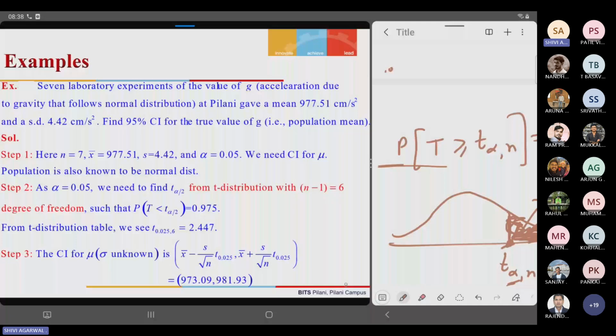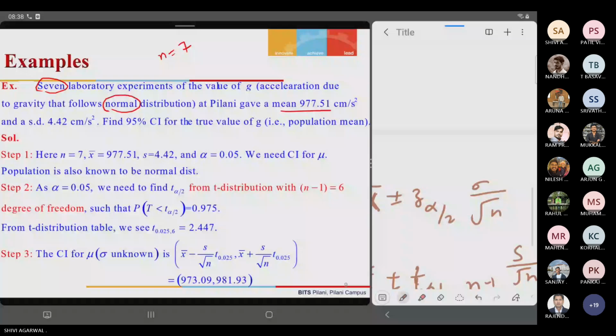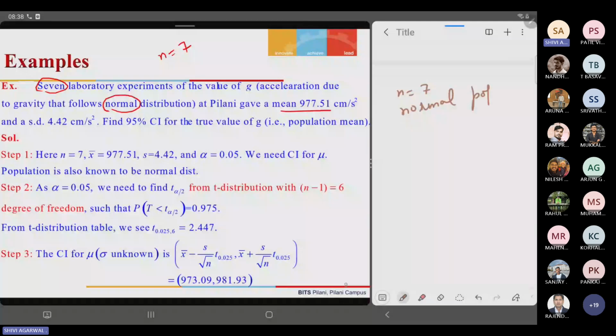There are 7 laboratory experiments measuring the value of g, so n is equal to 7. The acceleration due to gravity follows the normal distribution, so the population distribution is normal, and the mean x bar is given as 977.51.